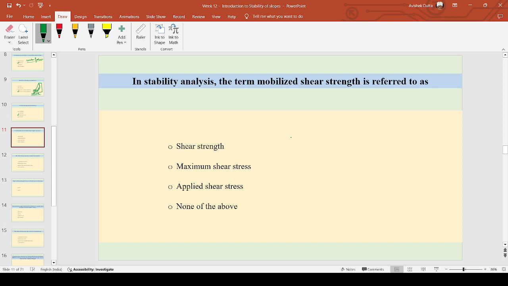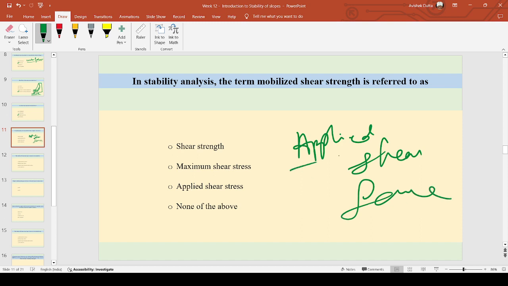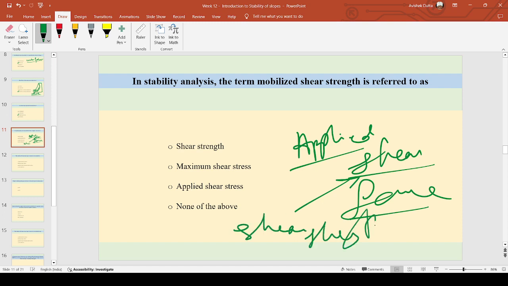So whatever the applied shear force is, in response to that applied shear force, the shear strength that is there will be mobilized.